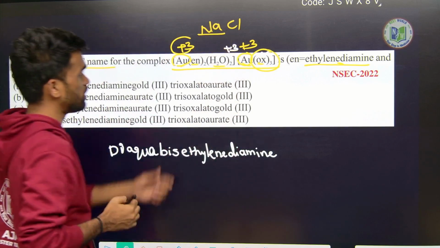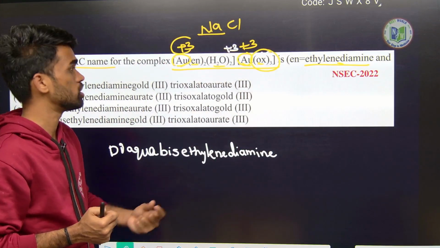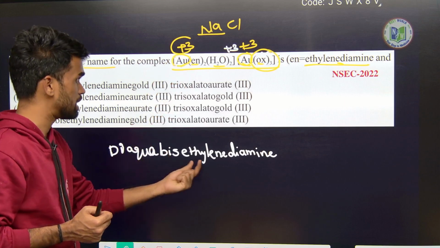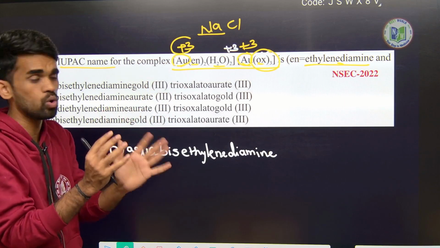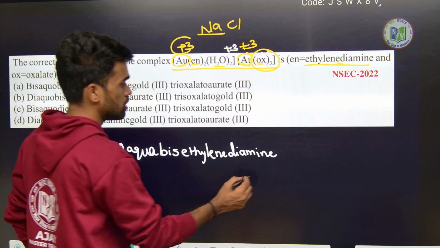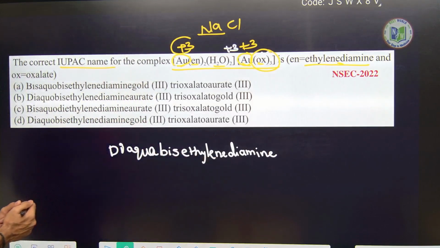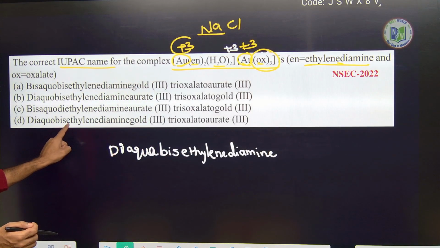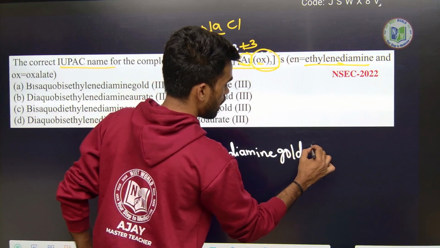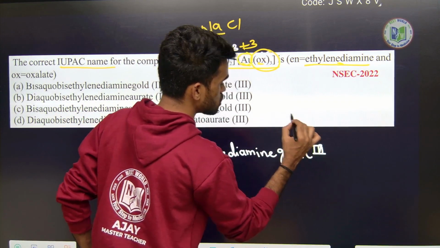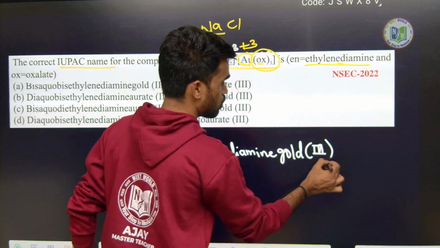When the complex is in the cationic sphere position, the ligands are written like this, and whatever the metal is, you just write its normal name, like gold here. Au means gold, so you can just write gold. So diaqua bis ethylene diamine gold, and you can write the 3 oxidation state, and close the bracket.